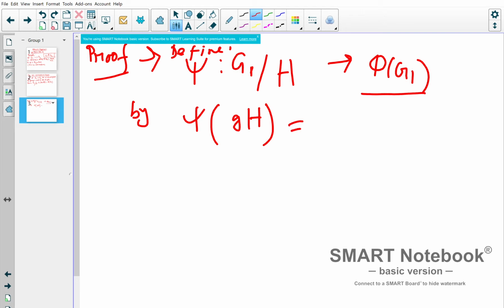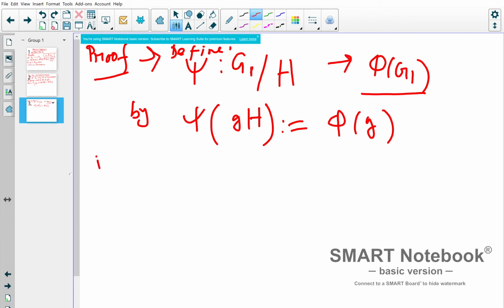They will look like phi of G. This is the definition: you define psi of GH equal to phi of G. Okay. This is the natural map, right? You take a natural element from the domain and you map it to the natural element in the range. Now we need to show that this natural map is a homomorphism.